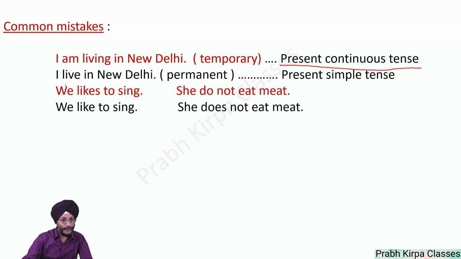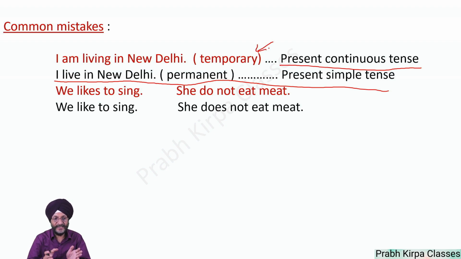So we should not use I am living in New Delhi. We should make the sentence with present simple tense: I live in New Delhi. This is the present simple tense, which is for the permanent. Present continuous tense is only used for temporary purposes.